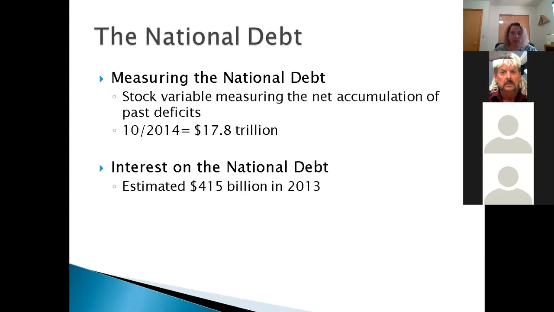A stock variable is something you can measure at one singular point in time. So at any point in time, I could log on to that website, or a more credible website that tracks the national debt, and tell you what the national debt is at this point in time.